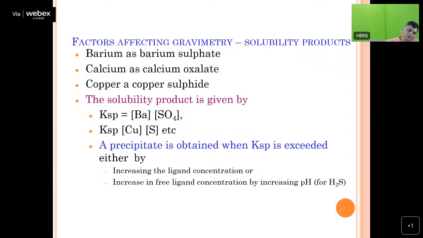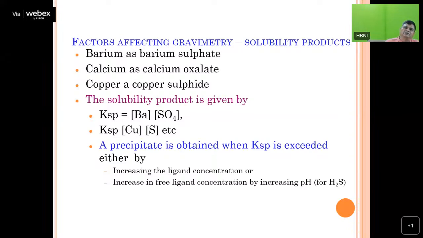And the main important part whenever you are doing gravimetric analysis is that the precipitation should occur. Precipitation occurs when the solubility product KSP is exceeded, for example for barium sulfate. A precipitate is obtained when KSP is exceeded, and how is this solubility product constant exceeded?